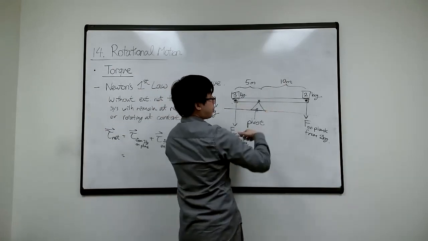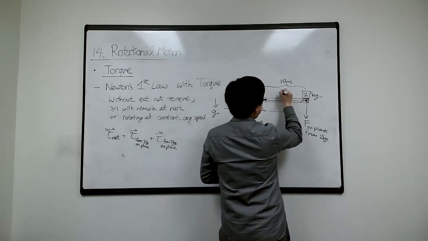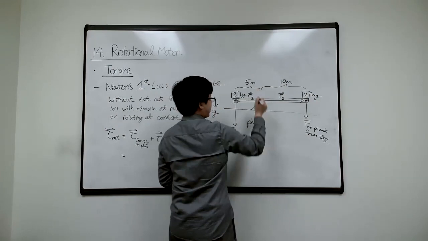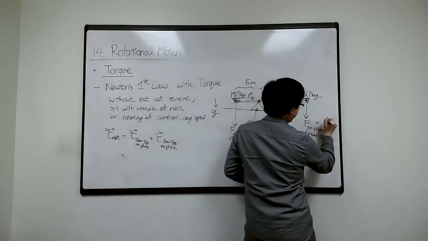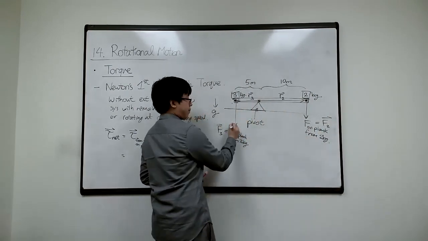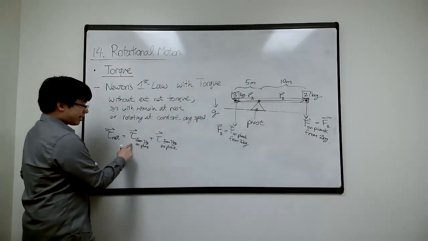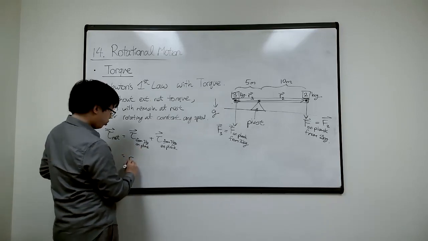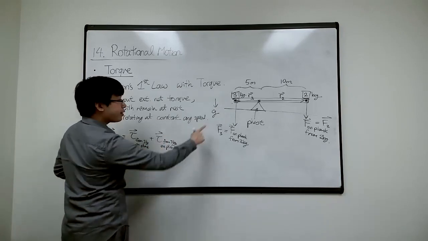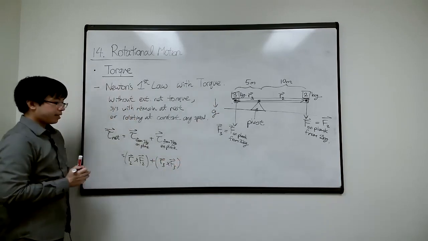Let's get an intuition first. Let's call the displacement vector to the 2 kilogram block R2 and the displacement vector to the 3 kilogram block R3, and I'll call the forces F2 and F3, promoting these to vectors. The torque of this one is R2 cross F2, plus the torque on this one, R3 cross F3.